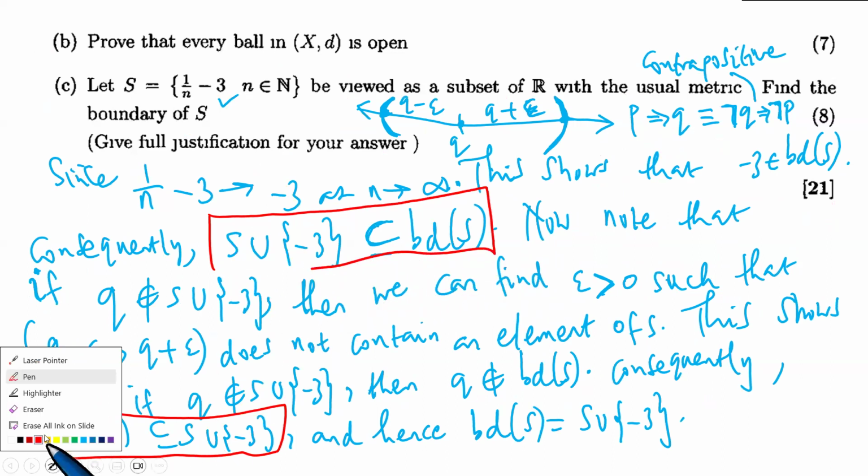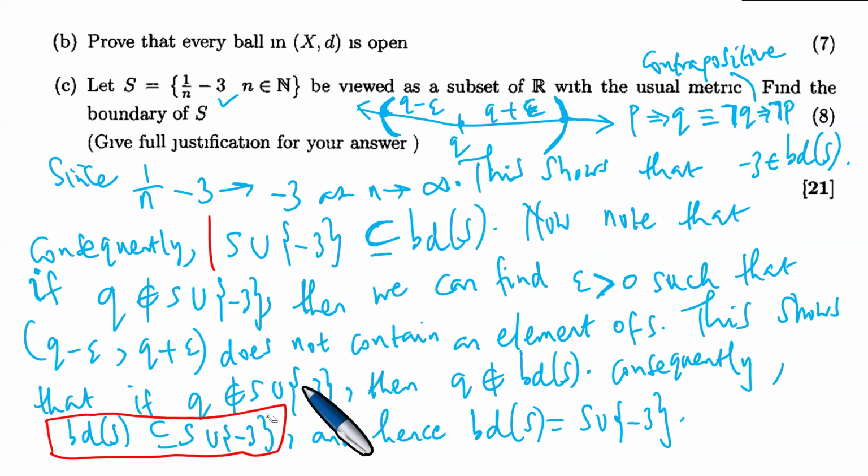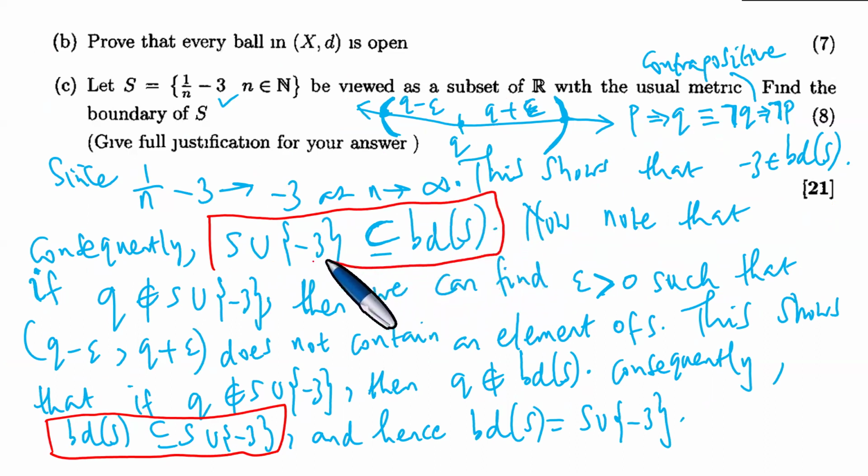Okay, we continue. S union the boundary point is a subset of the boundary. Conversely, the boundary is a subset of the union, and hence the boundary equals the union. Okay, so we have proven this one.